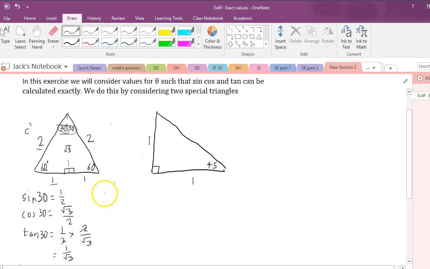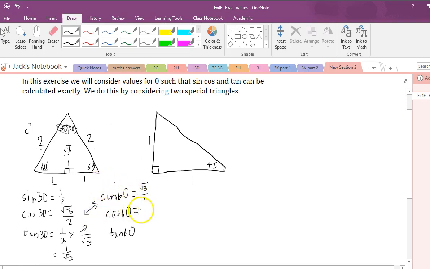So if you didn't pause then, pause to this one and see if you can do sine 60, cos 60, tan 60 in your books. So sine 60 would be opposite from the 60 over hypotenuse, which is root 3 on 2, which is actually the same as cos 30.